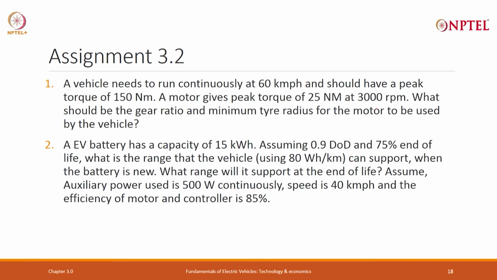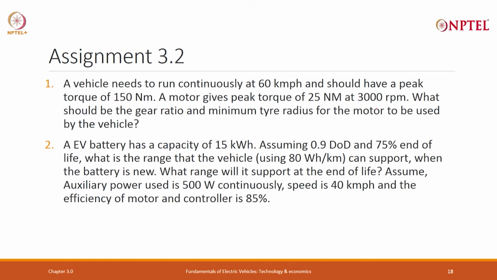What should be the gear ratio and minimum tire radius for the motor to be used in the vehicle? I have told you that it has to be used continuously at 60 km per hour. I have given you the tire radius, you have to convert RPM and all those things. The motor will run at 3000 RPM at 25 Newton meter. You require a torque of 160 Newton meter, what should be the gear ratio?